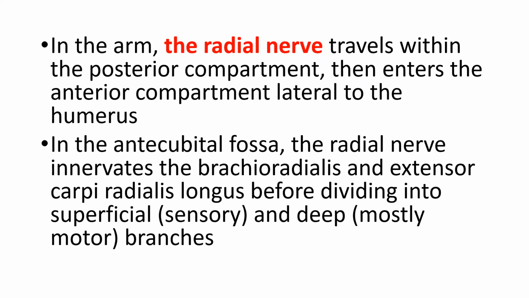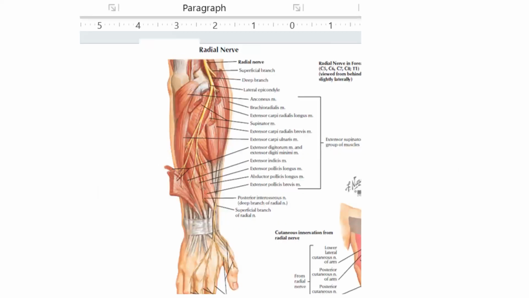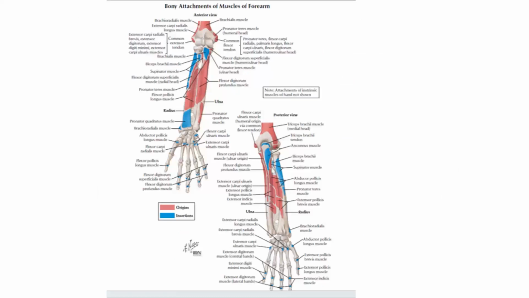In the antecubital fossa, the radial nerve innervates the brachioradialis and extensor carpi radialis longus, before dividing into superficial sensory and deep, mostly motor branches. This shows you the anatomy of the radial nerve. So, I repeat, you have to know this.